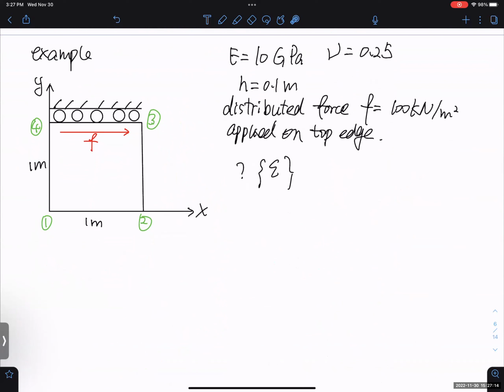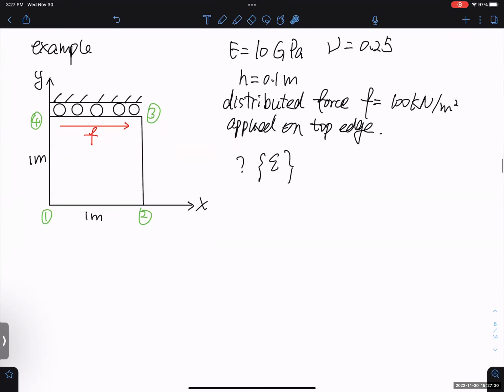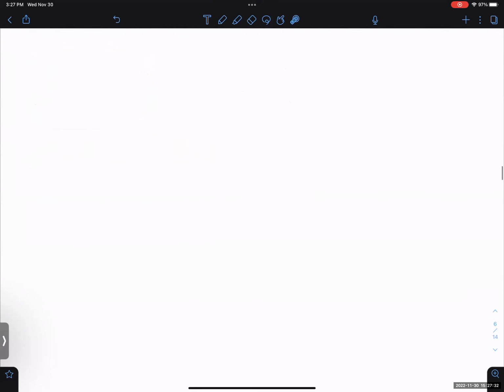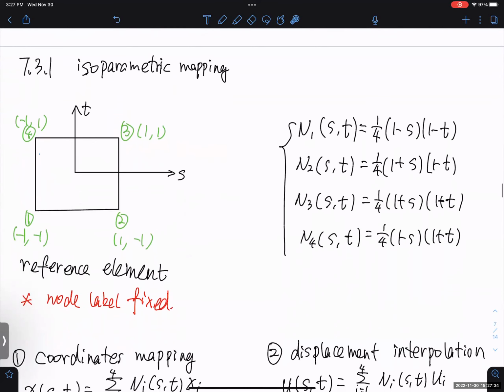And still we use KQ equal to F. K is provided. I will provide the equations during the exam. And once you calculate the nodal degrees of freedom, you can calculate strain. I explained this in great detail during class, so you can check your lecture notes.